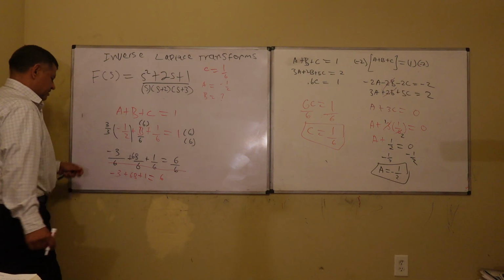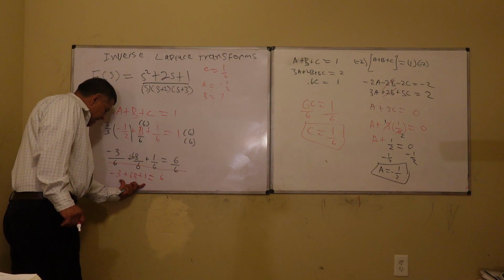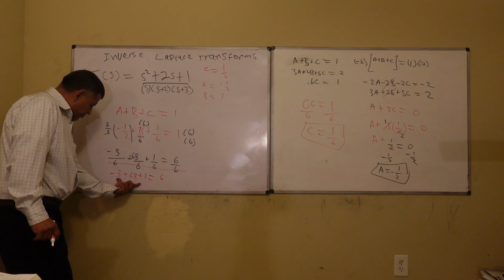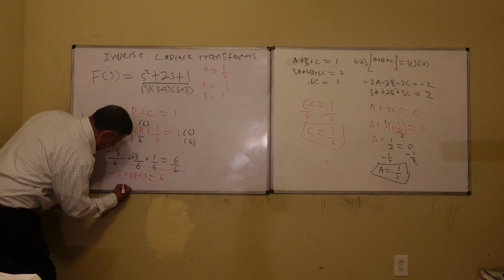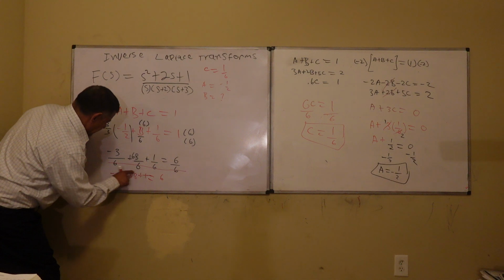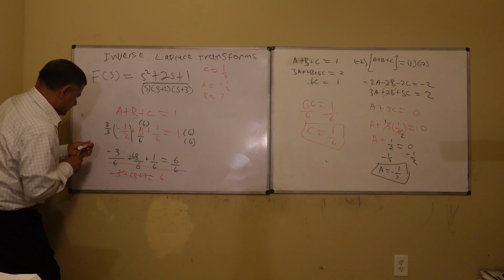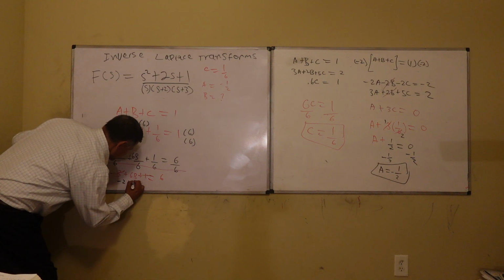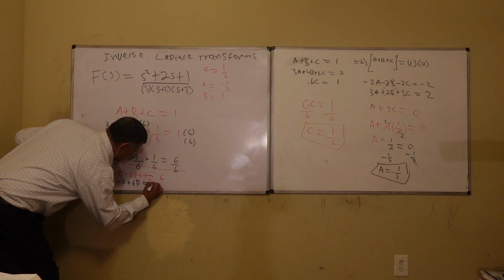So add these two, what do we get? We get negative 3 and 1, negative 2, right? I added those two together. That gave me negative 2 plus 6b equal to 6.